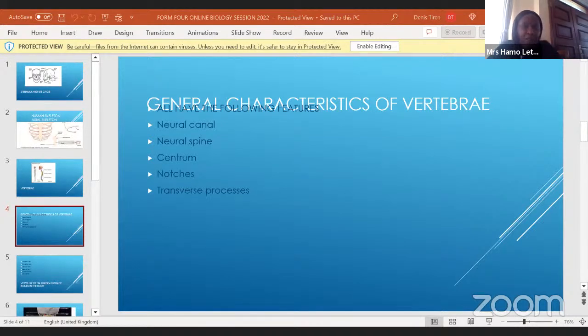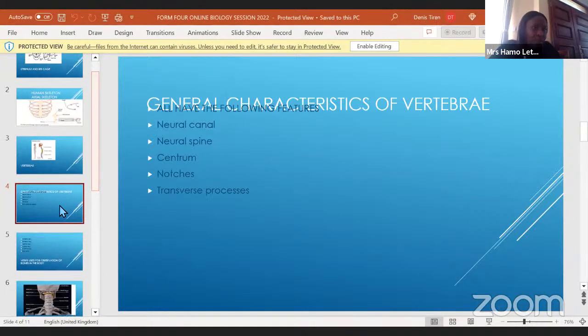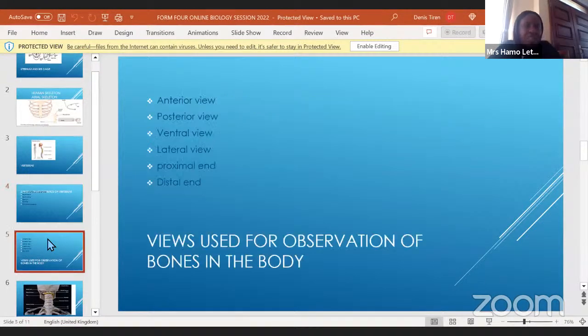Then from the lower side, we've got the ventral view. Then on the side, you have the lateral view. The lateral view on the side.